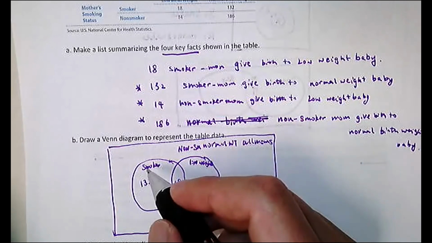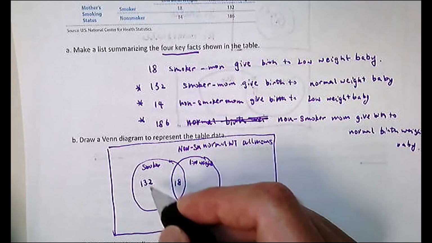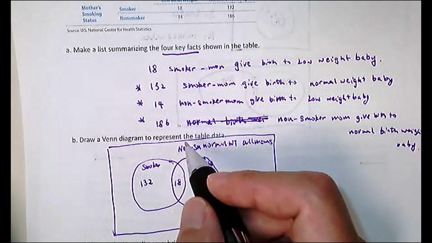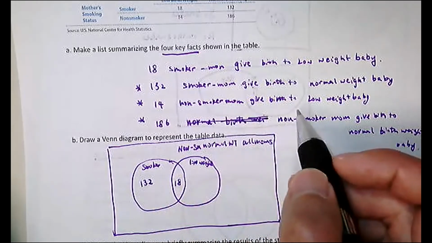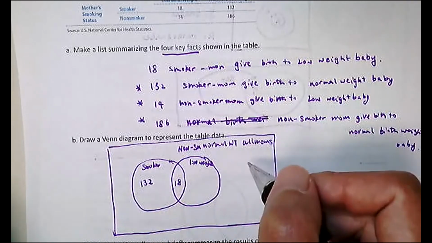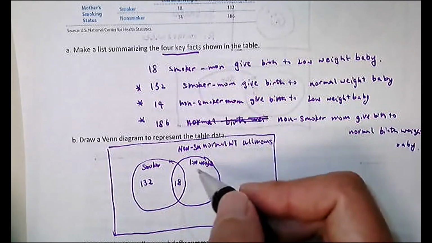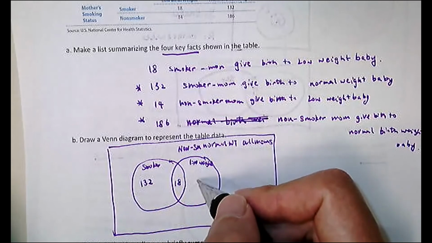Okay, 132 smoker moms give birth to normal weight babies. 14 non-smoker moms give birth to low weight babies, so here it is in this part.